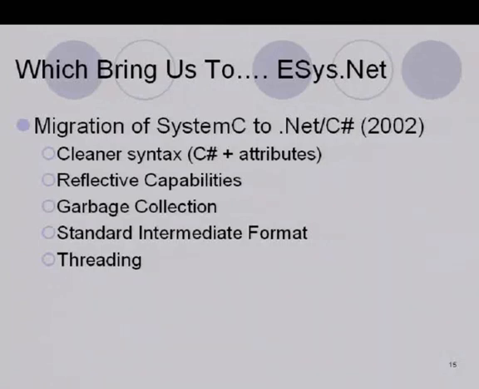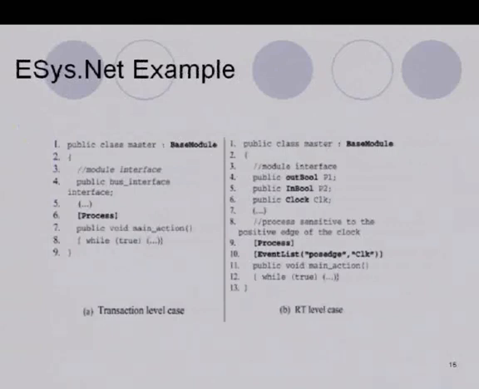So our team basically took SystemC and brought it into C# to try and gain the elegance and simplicity of the language, and also to gain reflective capabilities, garbage collection, and the use of attribute programming to bring some of the modeling concepts closer to declarative than to imperative styles of writing. So this is an example of an eSys.NET model.